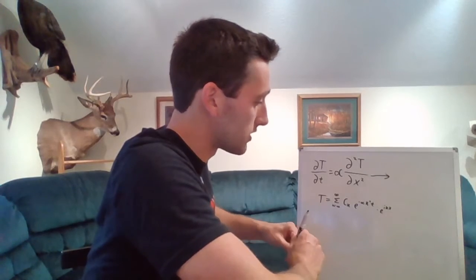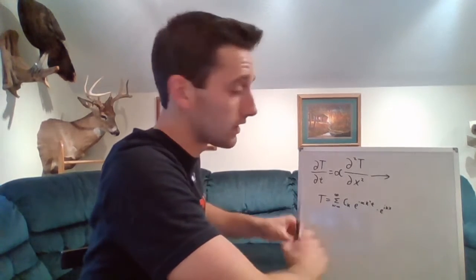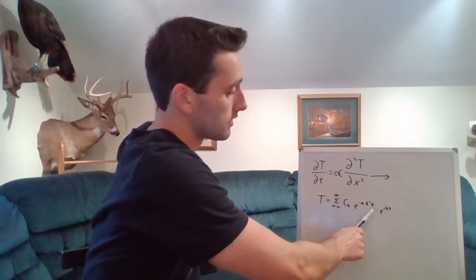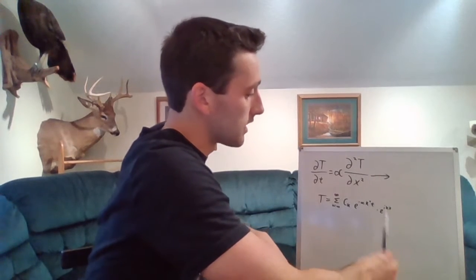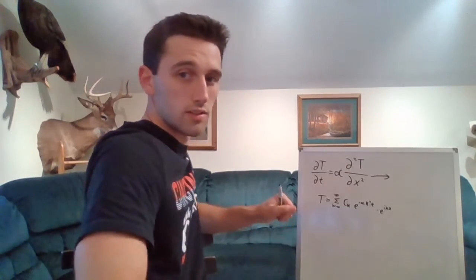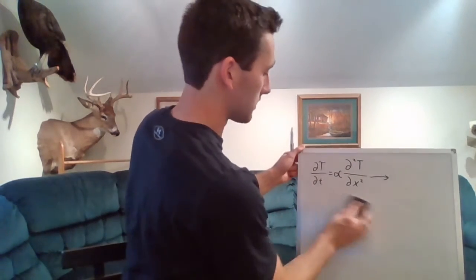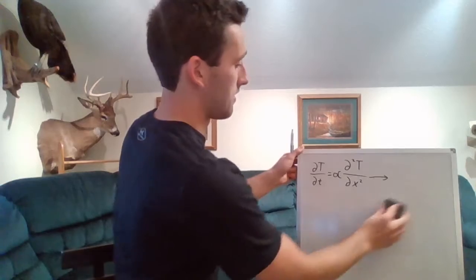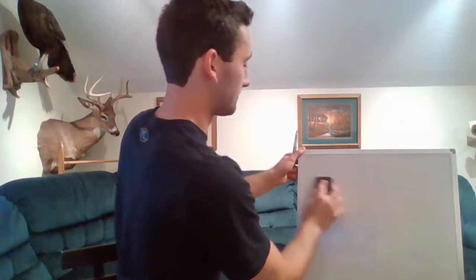Alpha is thermal diffusivity, in case I didn't say that. So we have e to the negative alpha k squared times t, as in time, times e to the ikx. So I will go ahead and erase all of this.